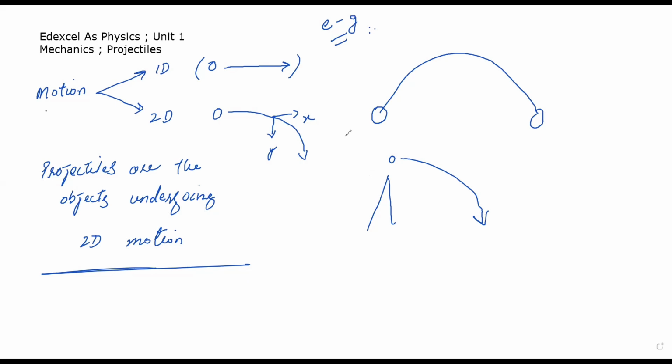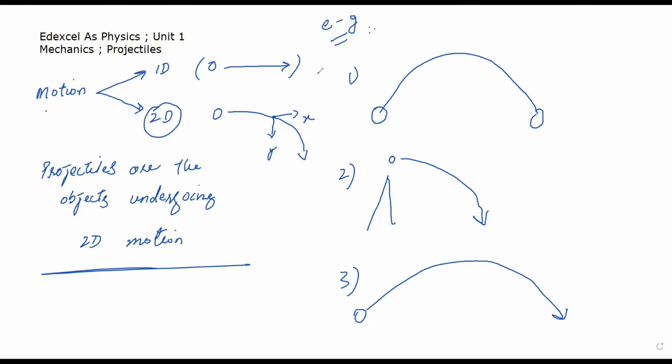Similarly, whenever a rocket or a missile is launched, it follows a projectile path, something like that. So you have got these three examples for projectile motion. An object can move like that, or like that, or like that, right? An object can cover a distance along two dimensions like that.